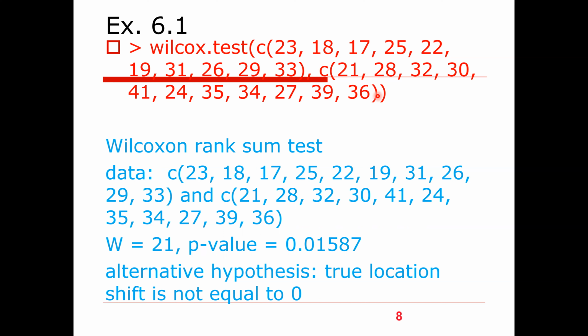So the p-value is also low, which indicates it favors the alternative hypothesis, which means their locations, their centers, are not equal, right? And W here means M plus N, the total number of observations in two samples.